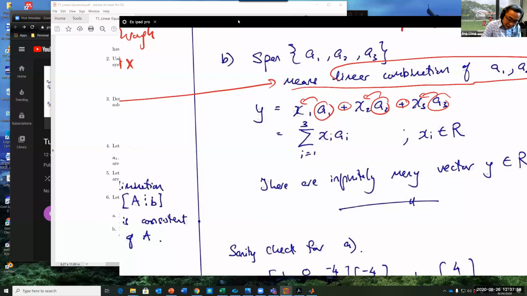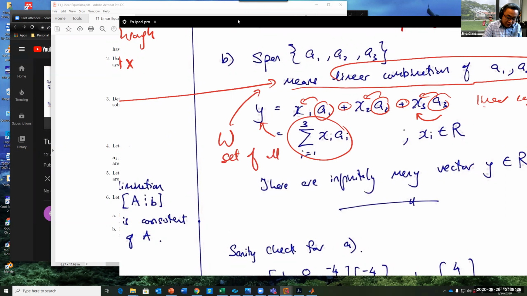So the word linear combination has 2 implications. Linear here means that when we multiply by something, that something is only a scalar, and combination here means addition. So immediately we are given this equation, and then we have y. Y belongs to W, the set of all vectors.